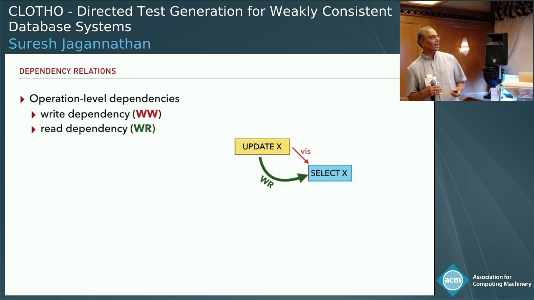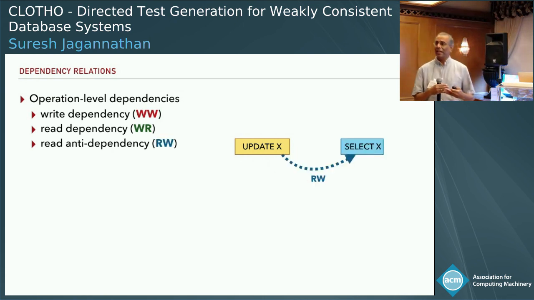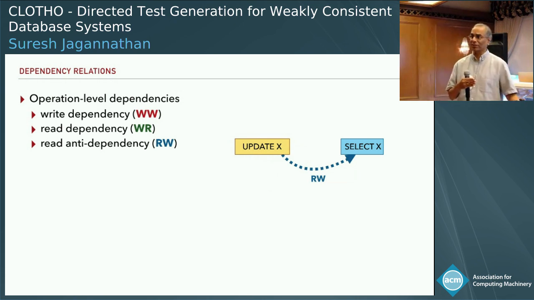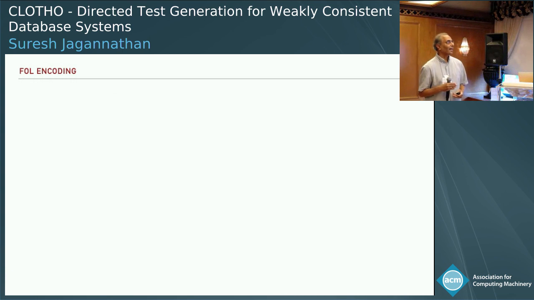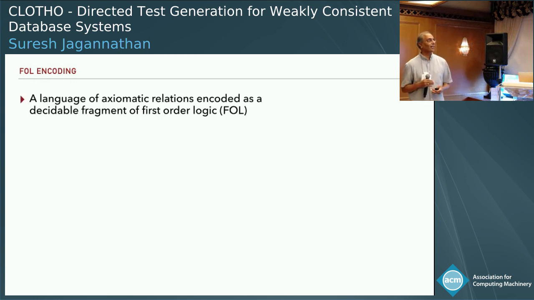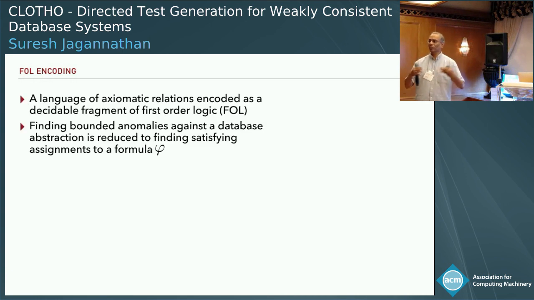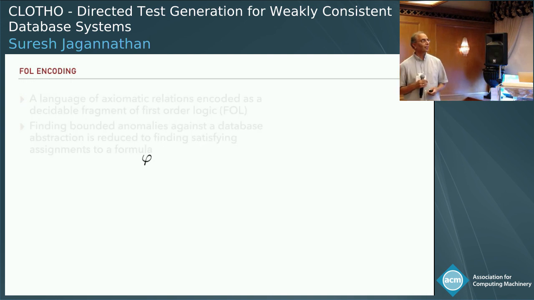So we can witness writes. Writes can witness one another. We can witness updates from one write to a read. We can have these anti-dependencies that I said, which say that a read does not witness the effect of a write. And we can take all of this and encode it as formulas in a first order logic and hand it off to a theorem prover, right?